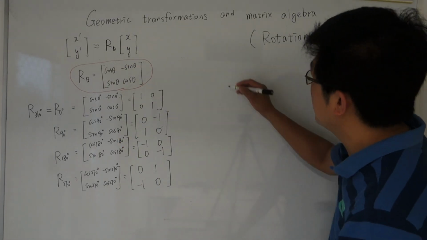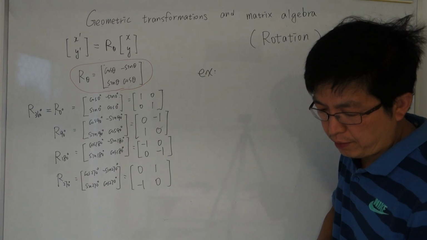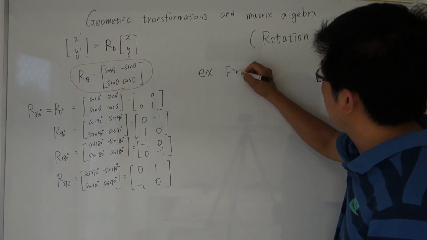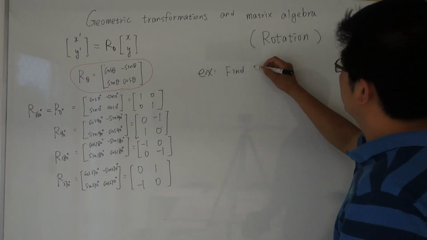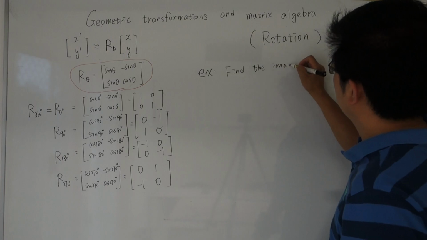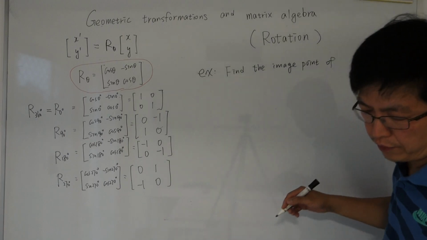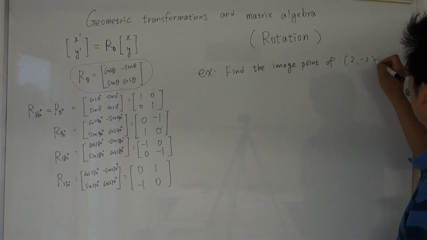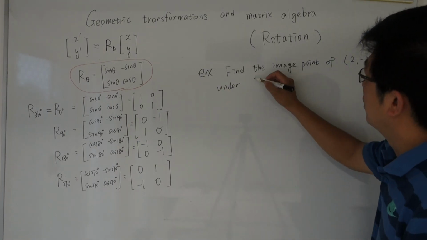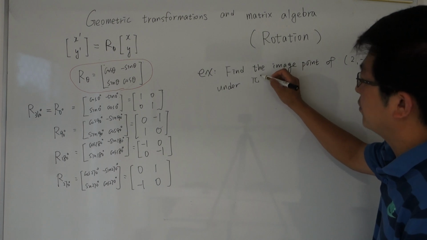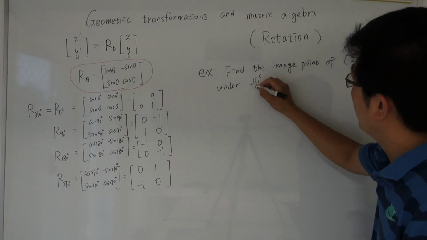All right. Now I use an example to show you how to do a rotation. Find the image point of (2, -2) under rotation by, suppose, pi over 4 radian.